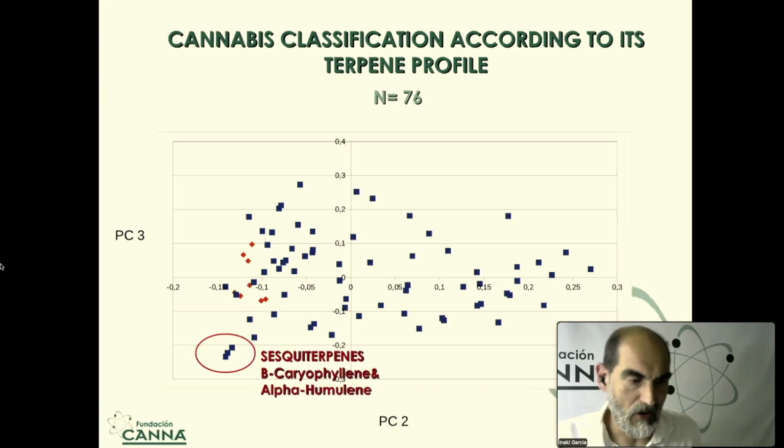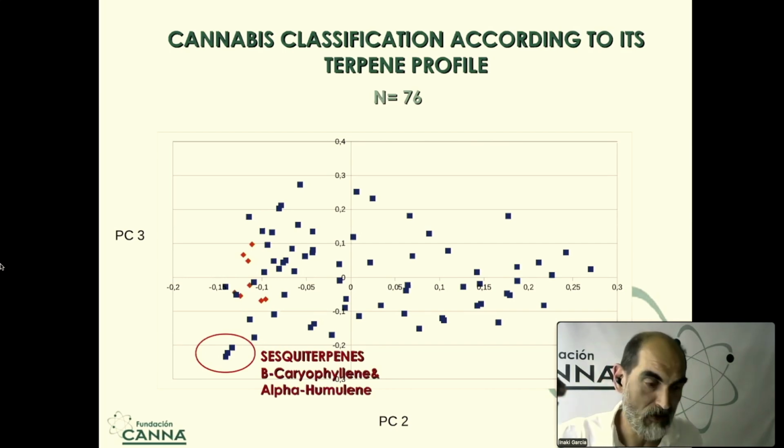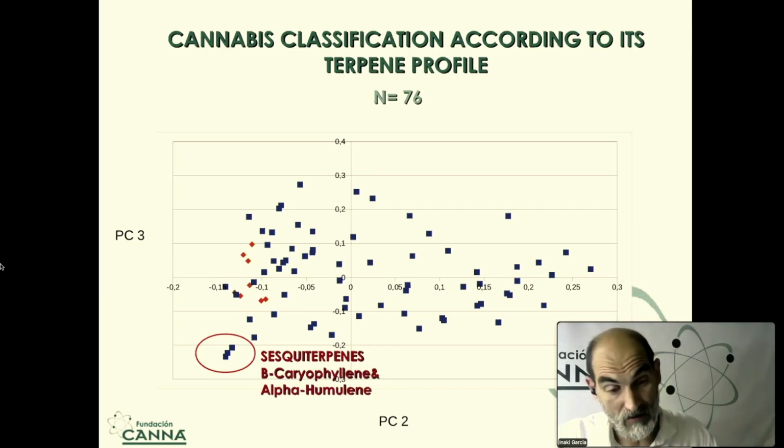Well, also we can group the plants by the second classification and the third classification, and that means that these plants, for example, are plants where the terpenes in greatest quantity are beta-caryophyllene and alpha-humulene.